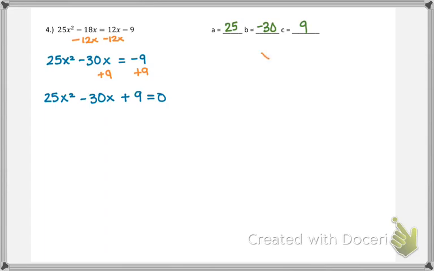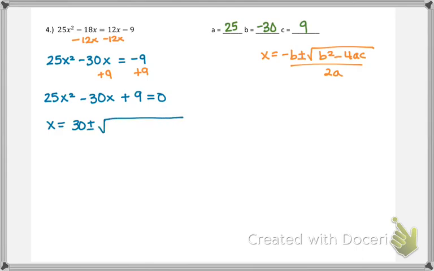Quadratic formula says x can be calculated by negative b plus or minus the square root of b squared minus 4ac all over 2a. So x is equal to negative of negative 30 is positive 30 plus or minus the square root of negative 30 squared.